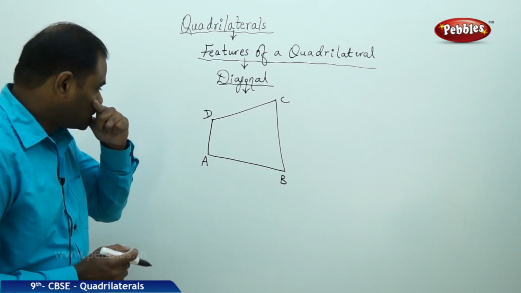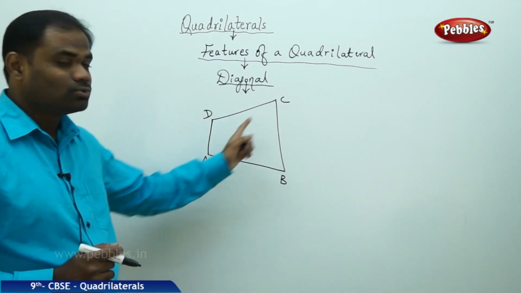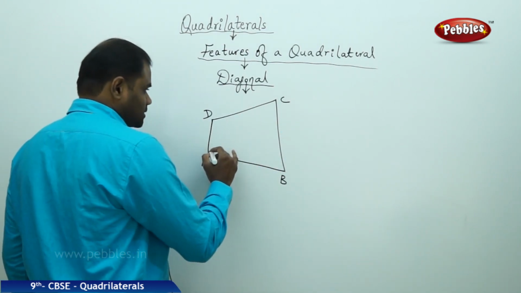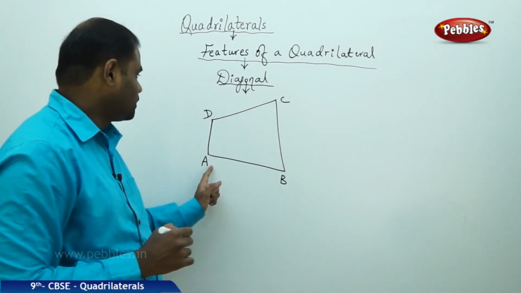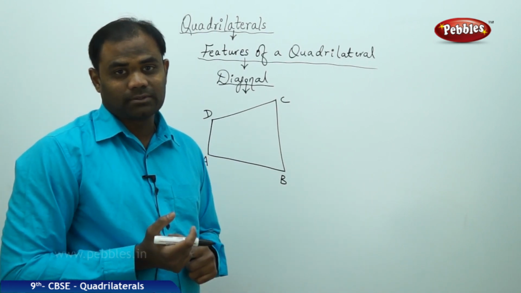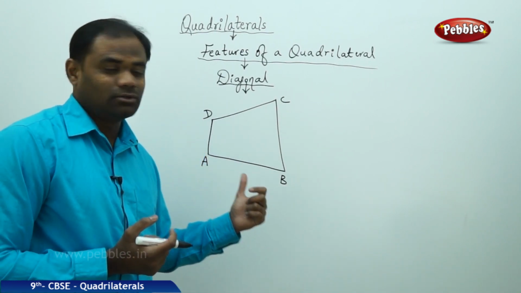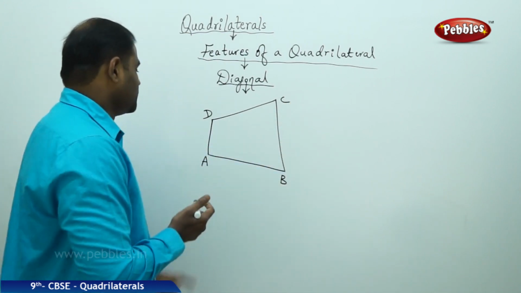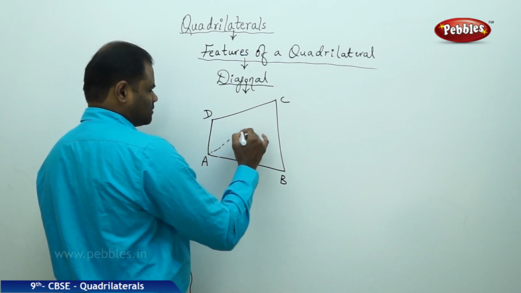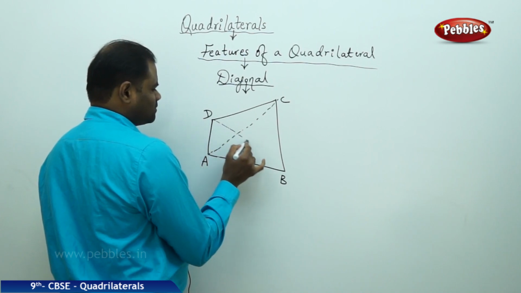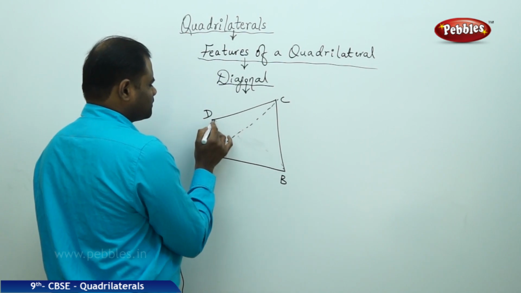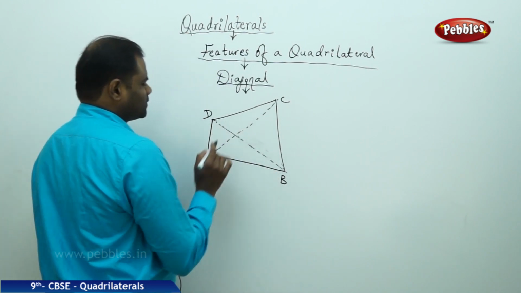Now interestingly, I would like to investigate joining the two endpoints of the four-sided figure. For example, I have A and C. Let's see what happens if I join A and C or B and D. So let's try to join the 2 points, investigating the diagonals or joining the alternate points. So A and C are called alternate points. And let me join this.